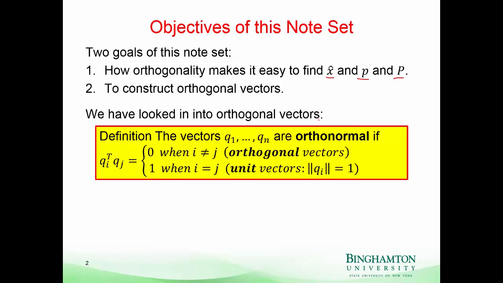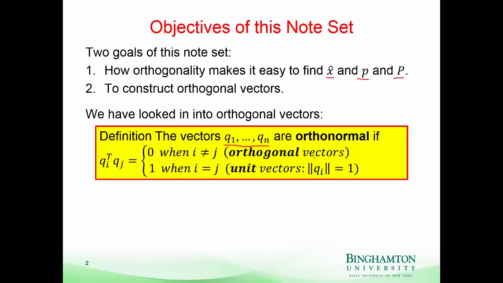So we're just reiterating that here, and this book reserves the symbol Q whenever possible to talk about orthogonal or orthonormal vectors. Obviously we can't always use the same symbols. If we have two different sets of orthonormal vectors, we might have to call them different things or resort to hats and tildes and things like that.